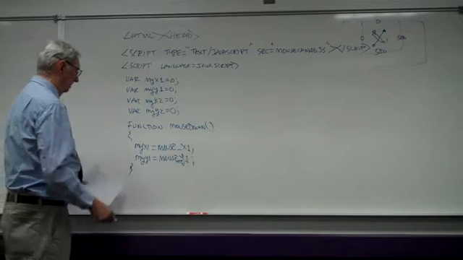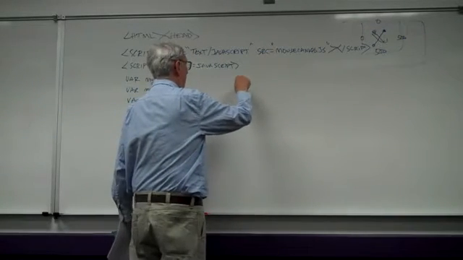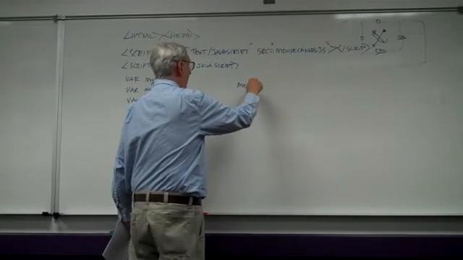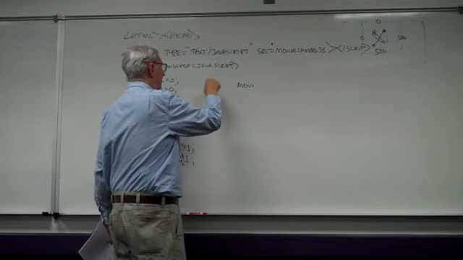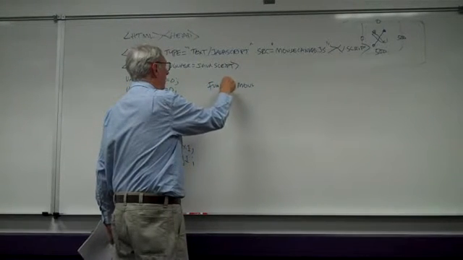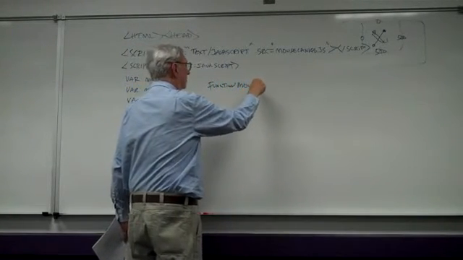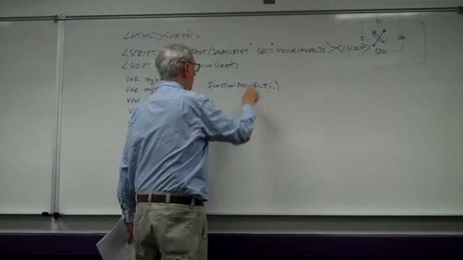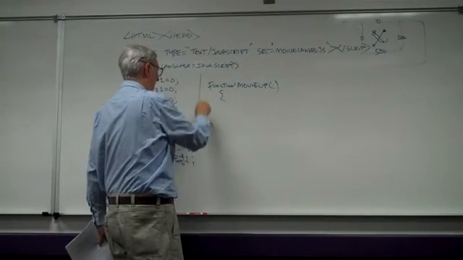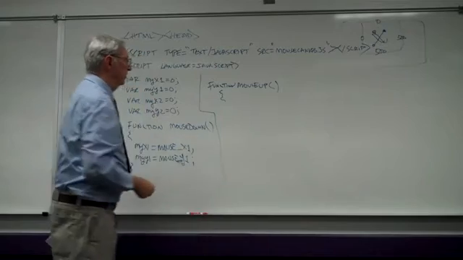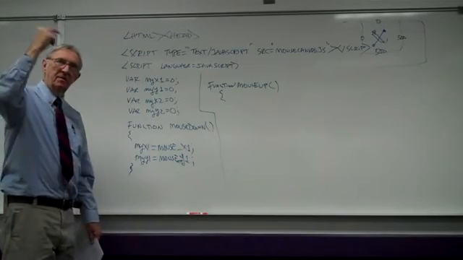So I have a function called mouse up. I'm going to put it over here. Function mouse up. So this is the one that says what happens when the mouse goes up.